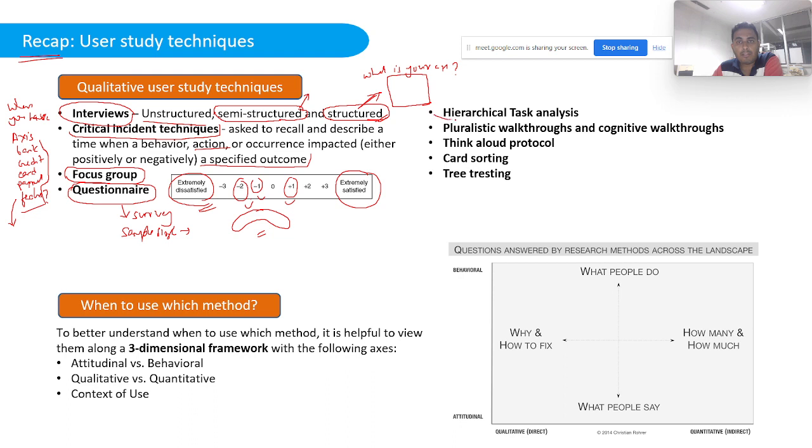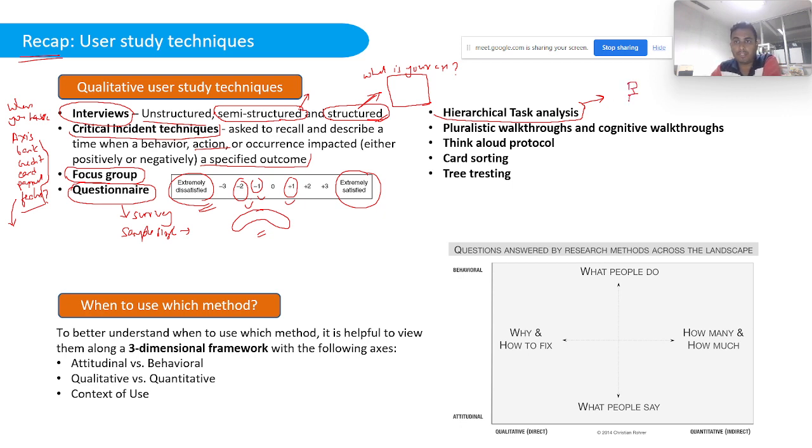We also discussed task analysis, more specifically hierarchical task analysis, where we break down a task. We give a user a certain task to perform, and then we ask them to break down the task into subtasks.